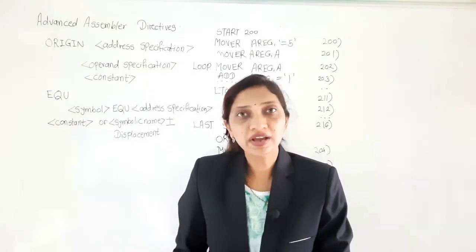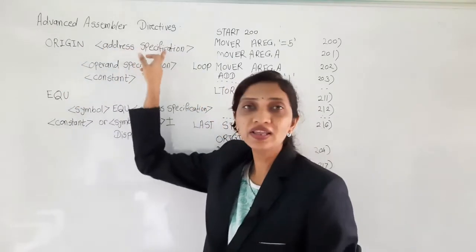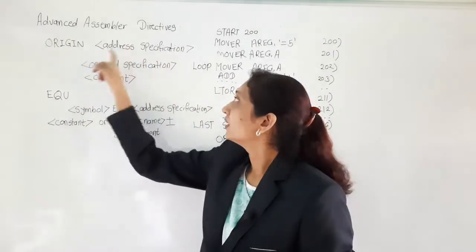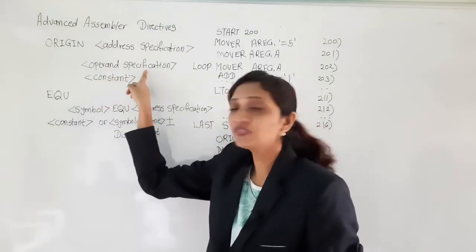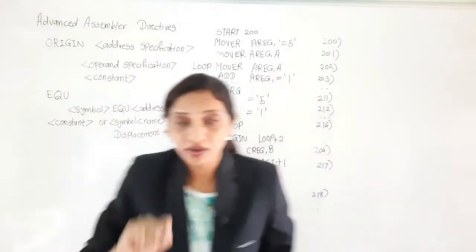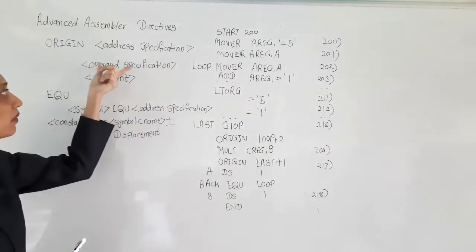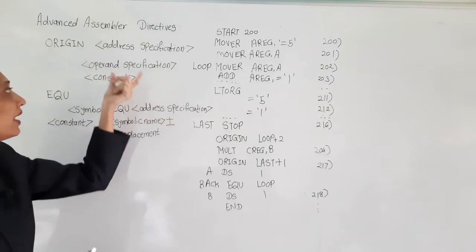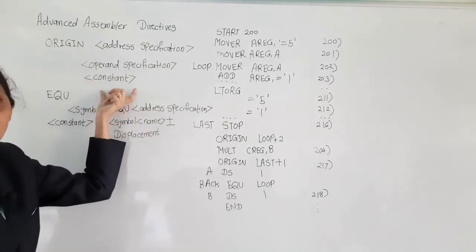And what is the syntax of ORIGIN? Like this: ORIGIN and then the address specification. Here the address specification is an operand specification or a constant. You can specify the address using some operand specification, like giving some symbol, or otherwise a constant.